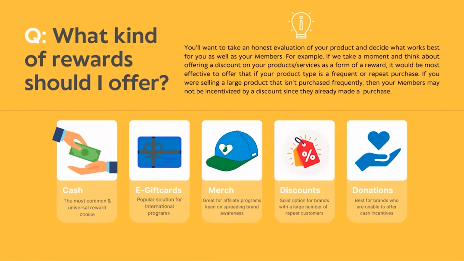Even donations are a good choice there. Offering something like merch or even a discount is not always effective. They can be, but sometimes merch might not be valuable enough or enticing enough, unless you have very valuable merchandise, then obviously that would work.